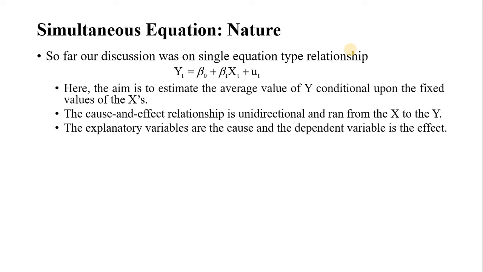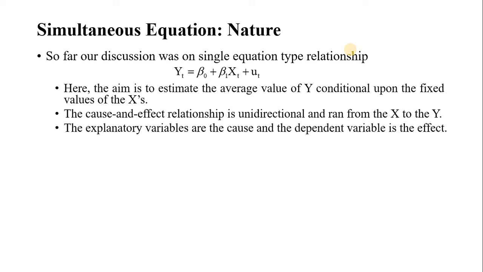This type of relationship assumes that the cause and effect relationship is unidirectional and runs from x to y. In each regression equation there will be one cause and one effect. The cause is what is called the independent variable and the effect is what is called the dependent variable.